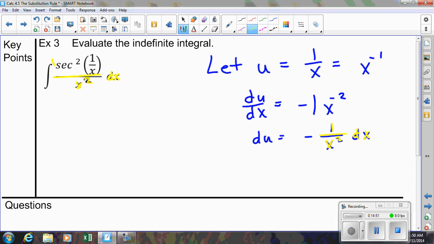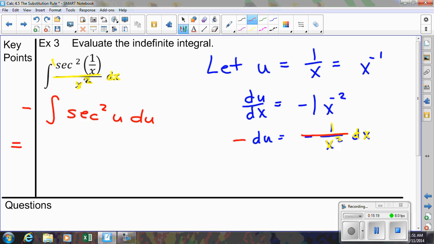What's the only thing that we need to move over? The negative. This would be a negative du, which allows us to then make the substitution that this is a negative factored out, and we'd have secant squared u du.